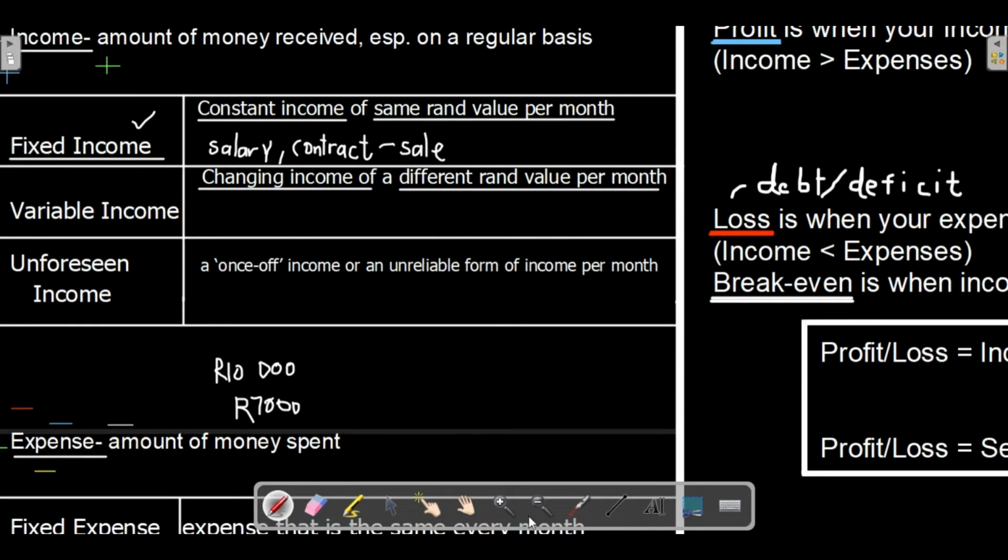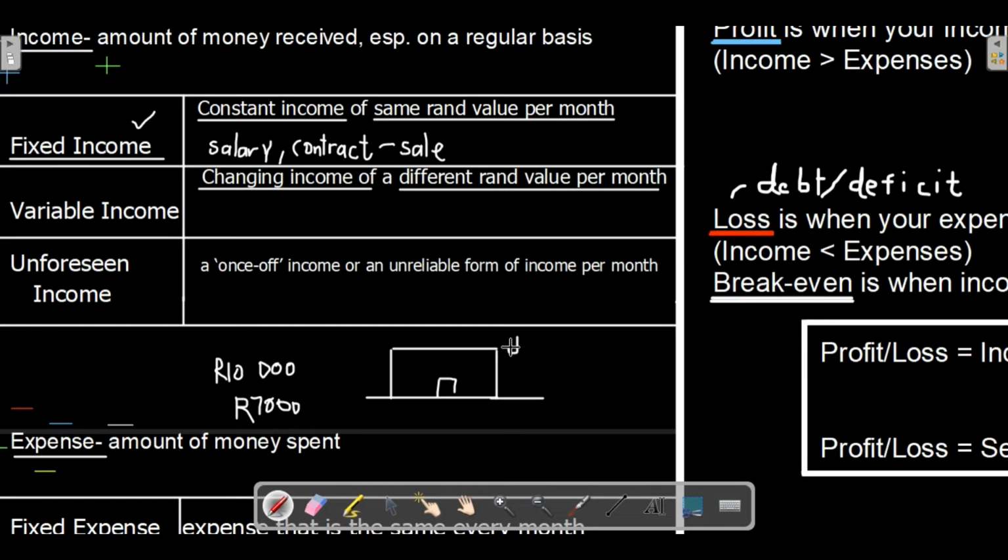Let's say you have a stall where you sell fat cooks, and each and every month you count your money. If you are going to sell fat cooks each month, you will probably not get the same amount of income each month.